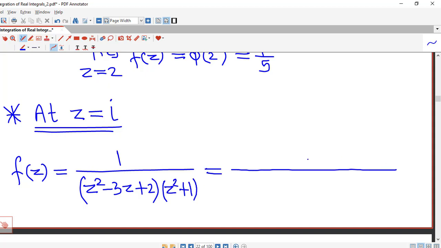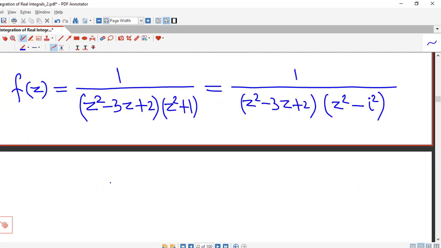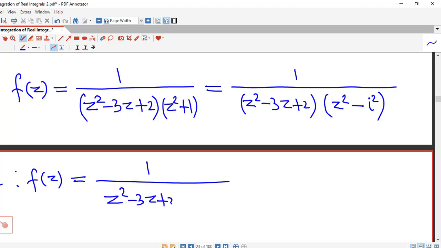So now I can write z square plus 1 as z square minus minus 1, and I replace minus 1 by I square. So therefore f of z is 1 over z square minus 3z plus 2 times z square minus I square can be written as z minus I into z plus I.